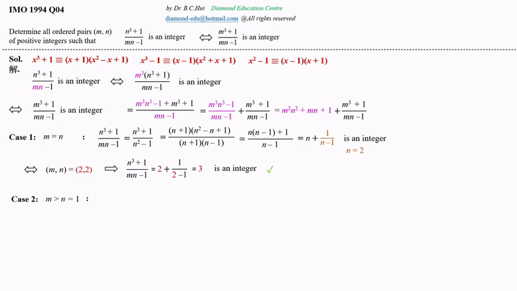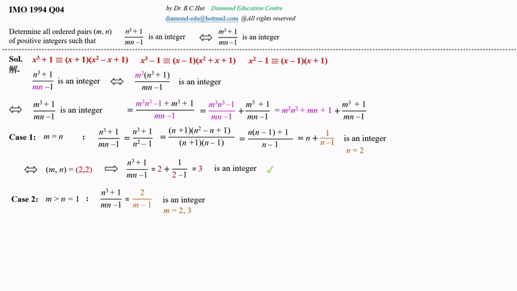Let's consider further. Let n take the smallest integer, 1, and m is larger than n. This quantity becomes 2 over m minus 1. We want this to be an integer.